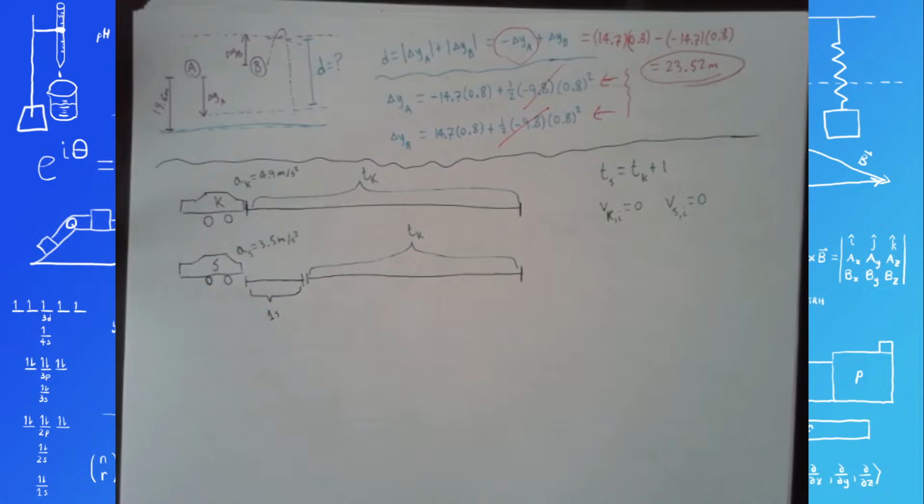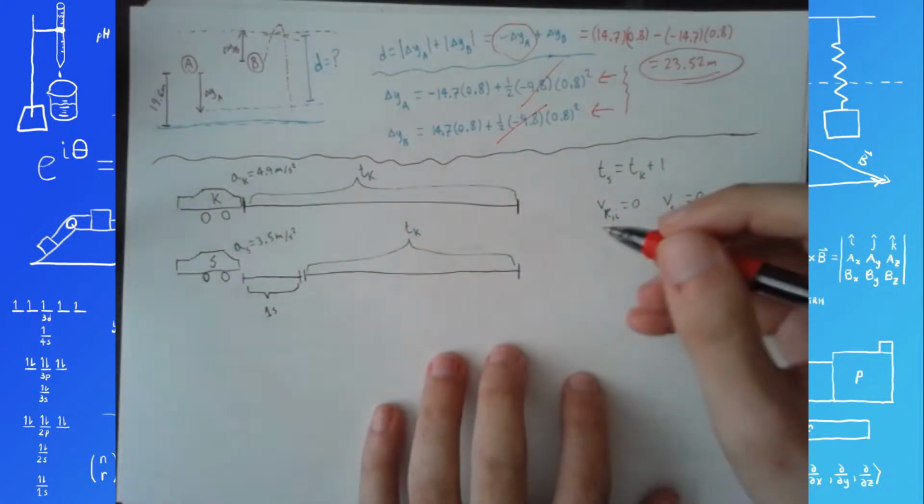I know their accelerations. I don't know either of their times, but I know that their times are connected. I know their initial velocities. Let's go ahead and write their displacement equations. Let's go ahead and write their delta x equations.